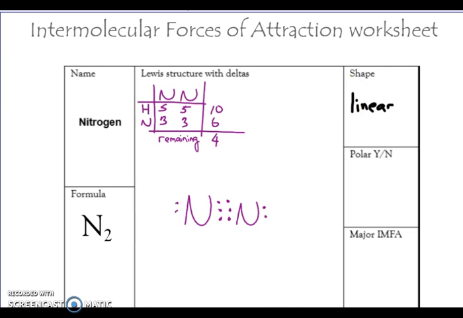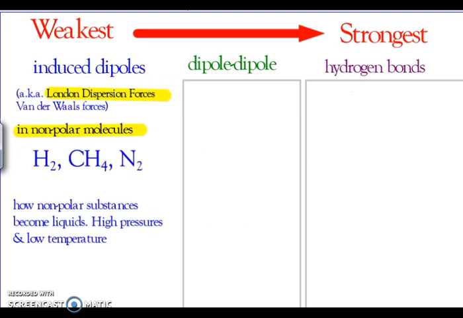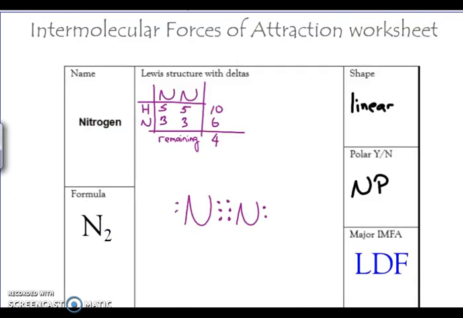A linear molecule of 2 atoms of the exact same element is absolutely going to be nonpolar. And so the major intermolecular force of a nonpolar molecule is an induced dipole called a London dispersion force. Therefore, molecular nitrogen's major intermolecular force of attraction is the London dispersion force.